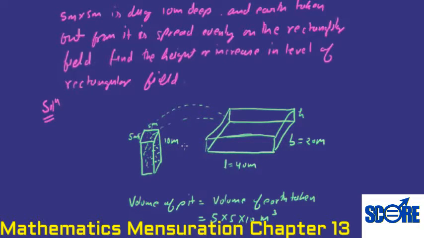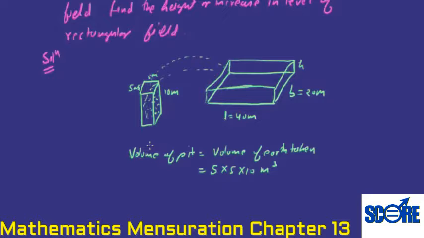This increase in level is created by the sand taken out from the pit. The raised part is again a cuboid with length 40, breadth 20, and height h, which we have to find. So we equate the volumes. The volume of the rectangular plot is 40 into 20 into h meter cubed.